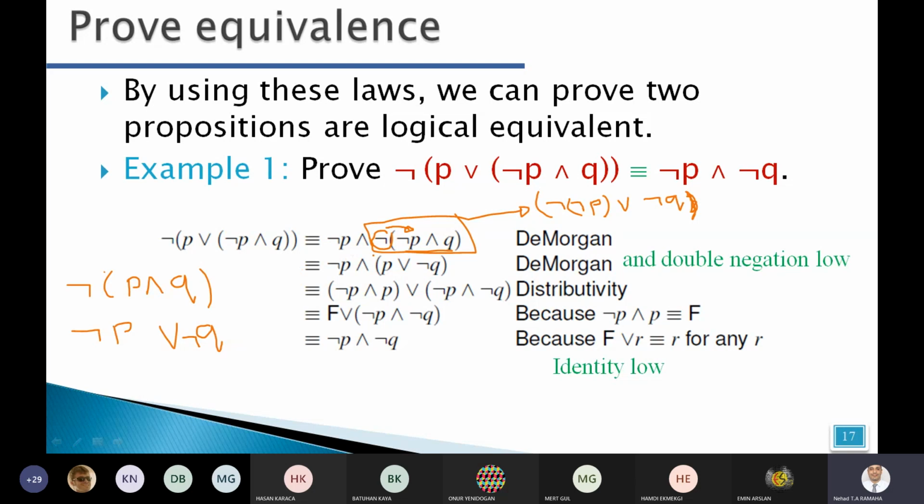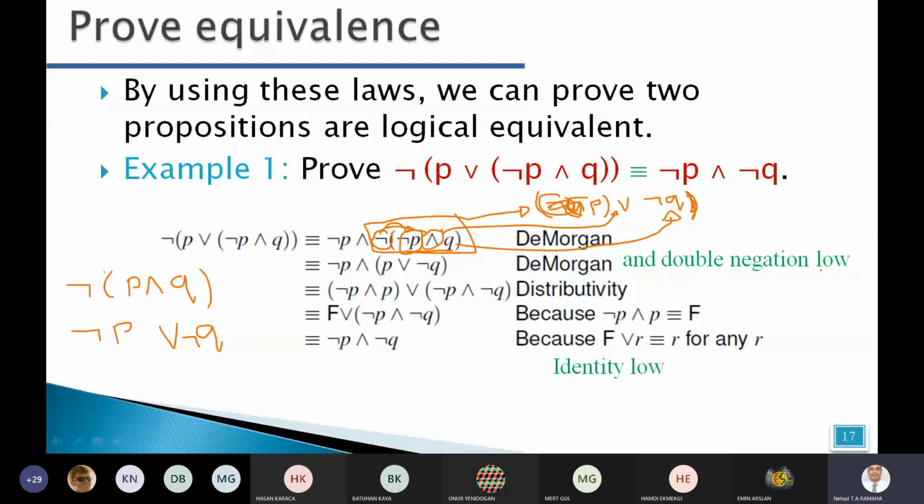Okay, here the first part, not, and this or this become or, and the second part also takes the not inside. Now we have not not P. It becomes without not because of the double negation.